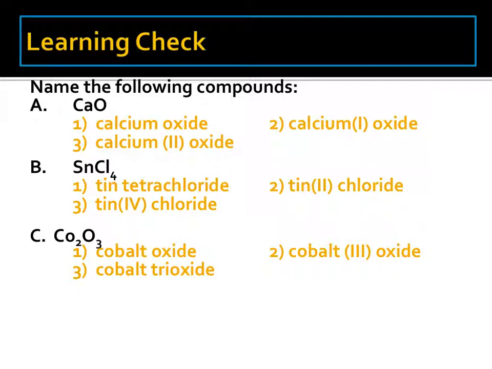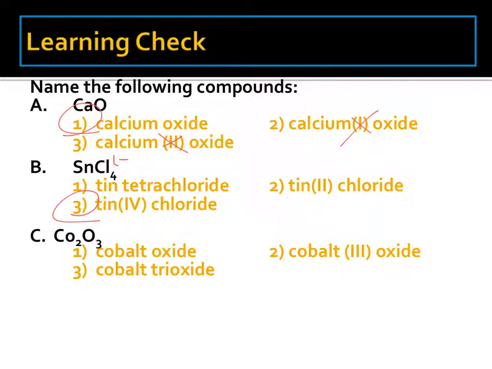Calcium is in group 2, so it always has a charge of 2, so we don't need Roman numerals. SnCl4: tin is a transition metal. It can have more than one charge, so you need a Roman numeral. Chloride has a charge of -1, and so if it took 4 of them, it must be tin 4.